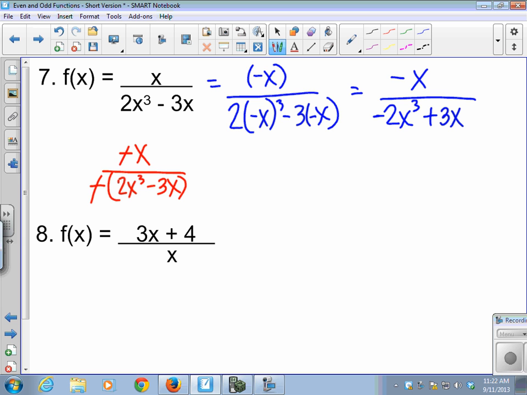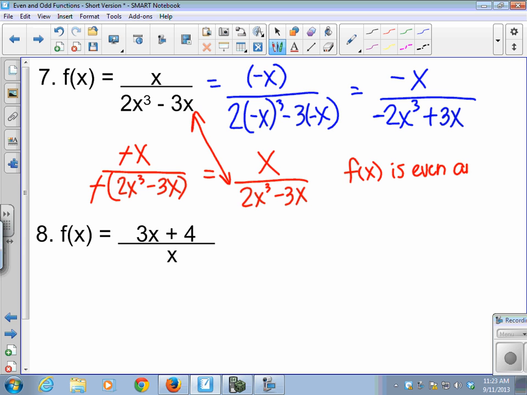So then my negatives will cancel, and I'll be left with an x over 2x cubed minus 3x, which you can see is the exact same thing as what I started with. So then that is going to end up being an even function, so you would say f of x is even, and has symmetry with respect to the y-axis. Alright, so that's that one.